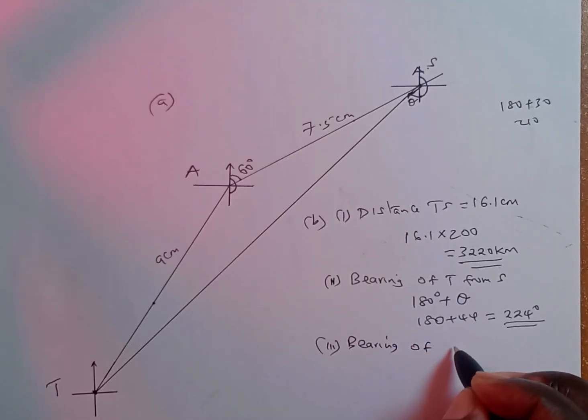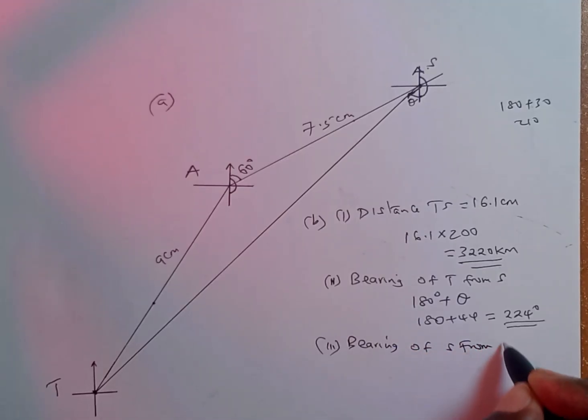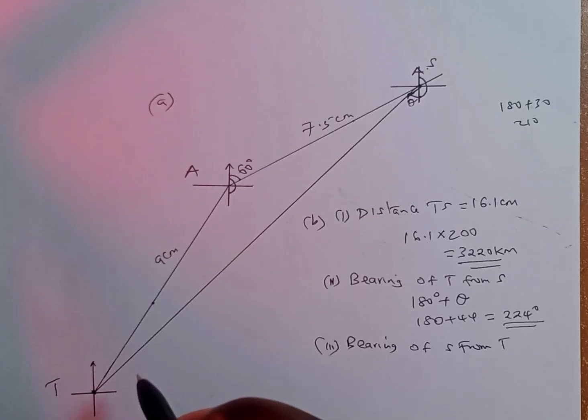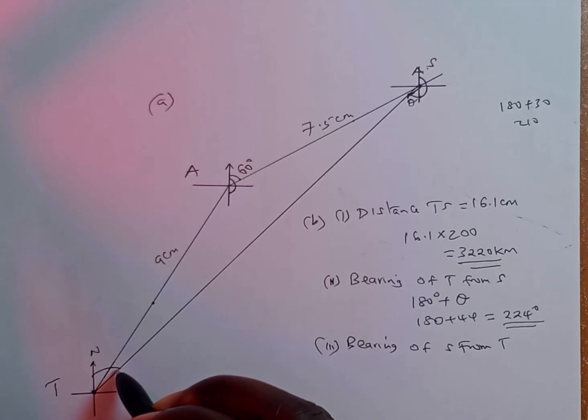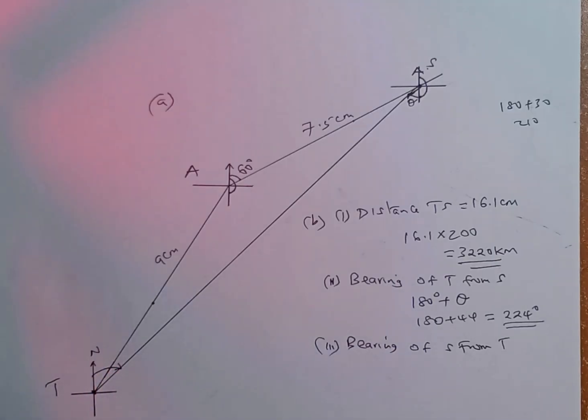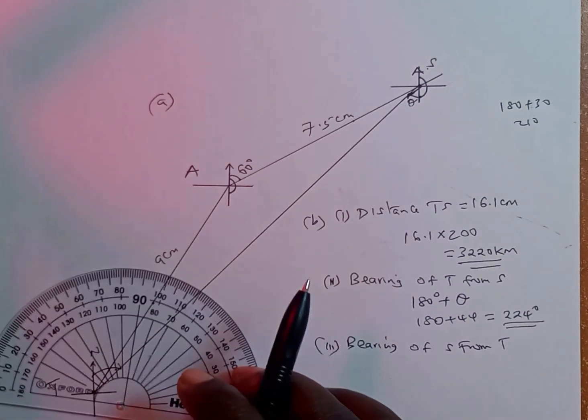So you go to T and measure the total angle from the north pole of T to where we meet the line moving to S, and measure the angle here.